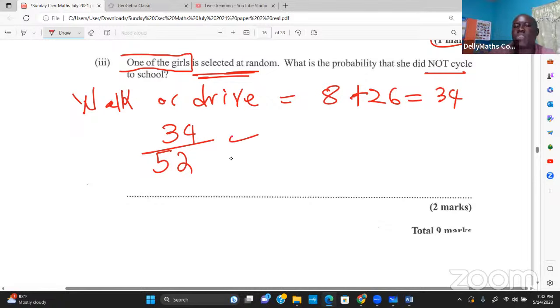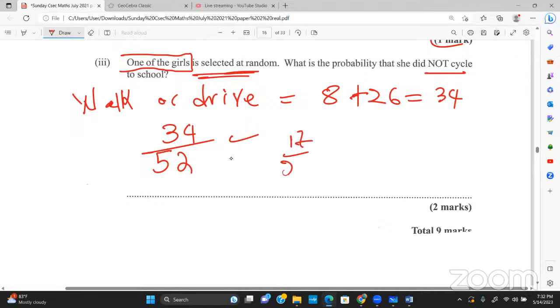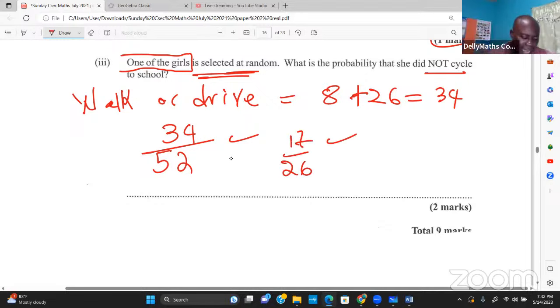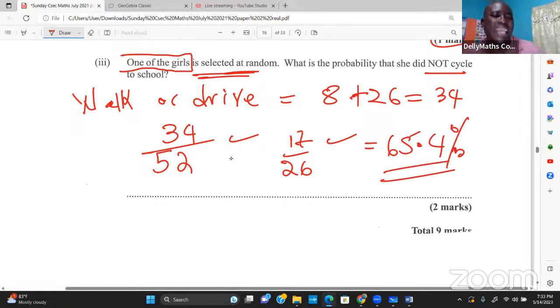Or you could break it down more. 34 over 52 becomes 17 over 26, and you're right. Or you multiply that by 100 and turn it into a percentage, about 65 point something percent. So it's up to you to represent yourself, understanding the notion.